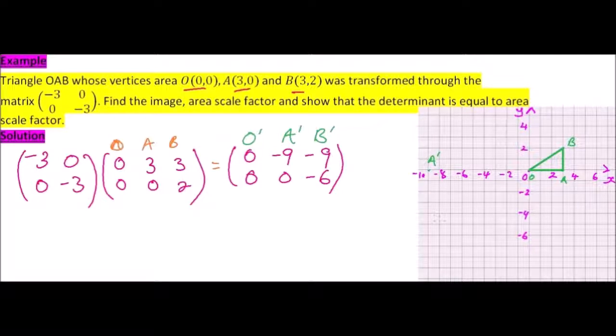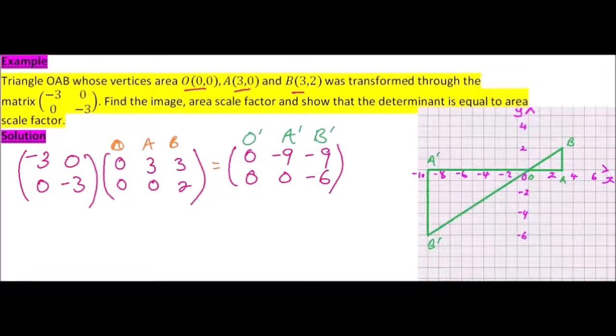So that is where we have our B prime. Then once we identify that, we join the 3 points to come up with our image. So we now have our image OA'B'.